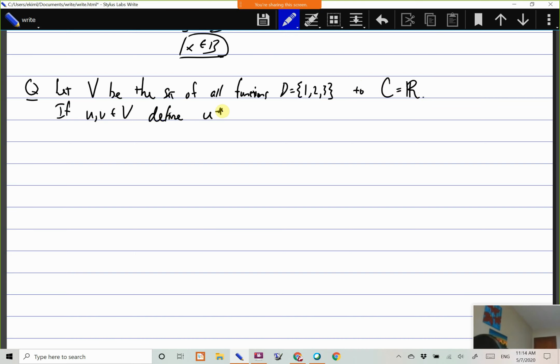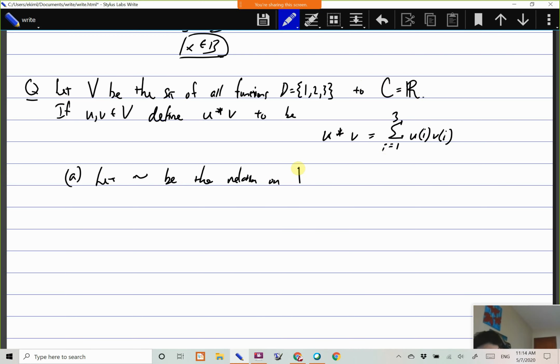And then this two-part question, so part A, is: let tilde be the relation on V defined by u tilde v if u star v is greater than or equal to 0. An additional thing was defined in part A here, and the task is to prove that this tilde is reflexive.